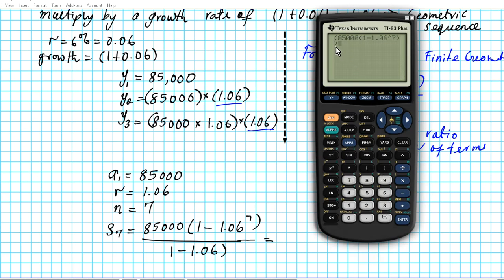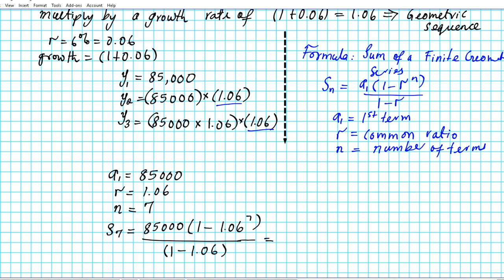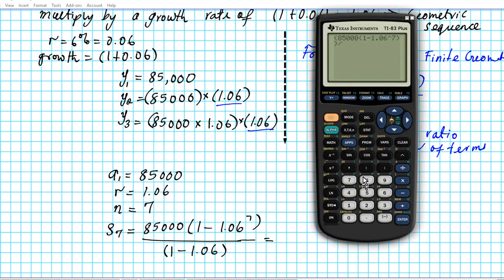Notice I have two parentheses. The first parenthesis closes this 1 minus 1.06 to the 7. The second parenthesis closes the numerator. Divided by the denominator. I didn't put a parenthesis here. The denominator is 1 minus 1.06. Close that.